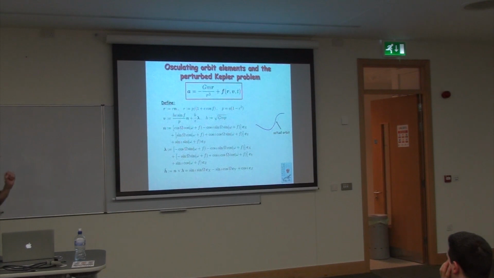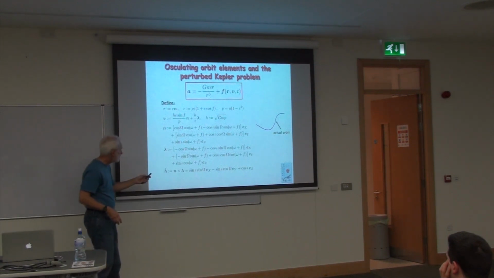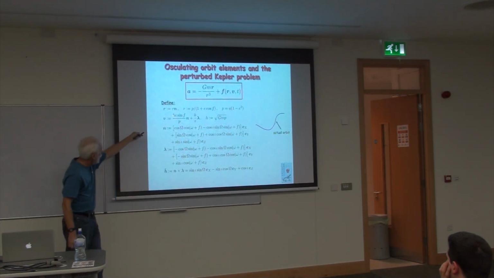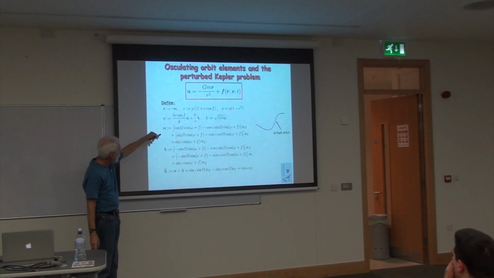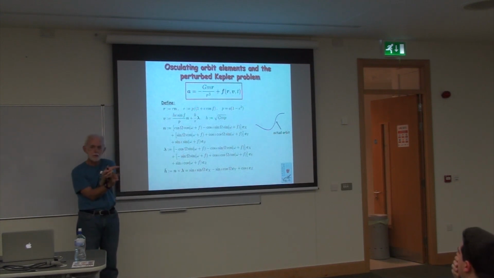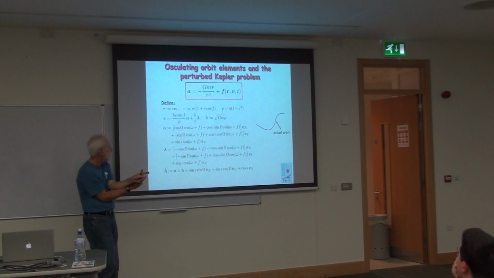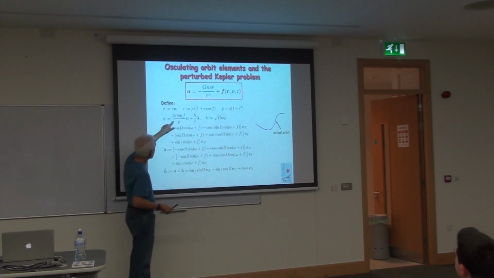The velocity at that point is defined to be this: h times e sine f over p times n, the radial unit vector, plus h over r times lambda, a vector that's perpendicular to the radial unit vector. This is like the r dot.